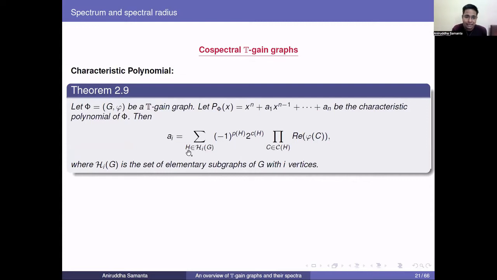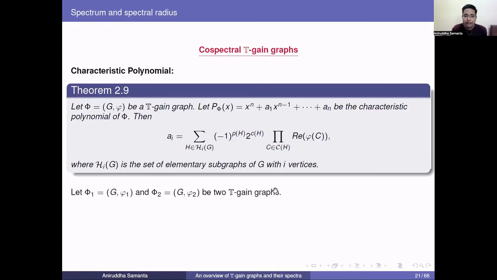If H is an elementary subgraph with i vertices, then p(H) is the number of components in H, small c(H) is the number of cycles in H, and capital C(H) is the collection of all cycles in H.